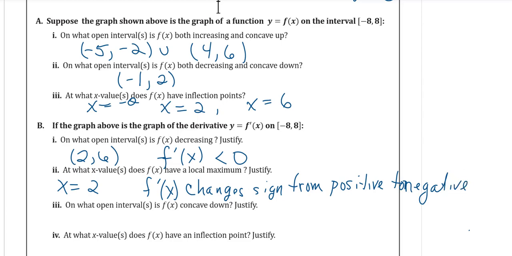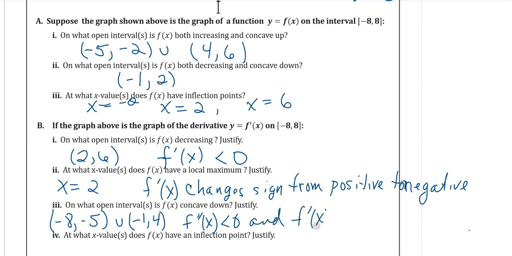And then the last part, on what open intervals is f of x concave down? Justify. We had 2 of those. That was -8 to -5, and also from -1 to 4. And our reasoning would be because f double prime of x would be less than 0, and f prime of x is decreasing.